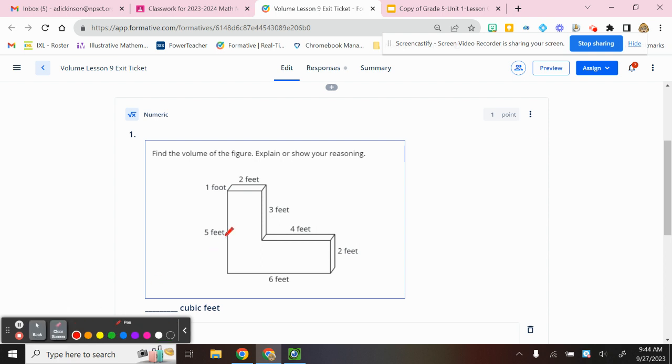So let me draw that on there. So you're going to draw the line right across here so we all have the same expressions. It doesn't ask you for the expression, it just asks you to find the total. So for this one, all you're doing is finding the total. Okay?